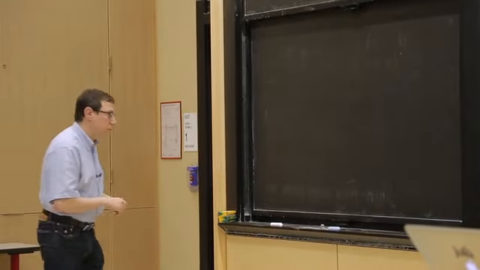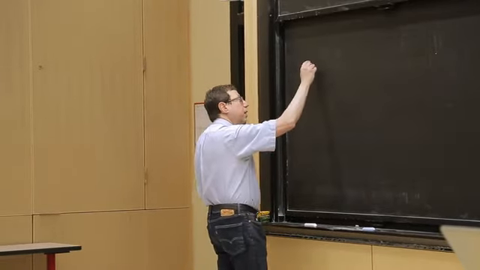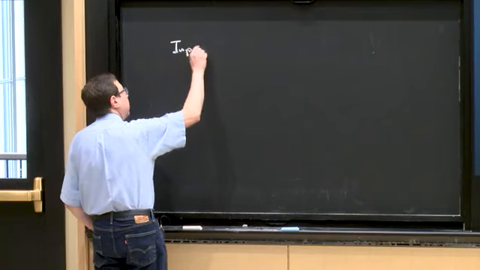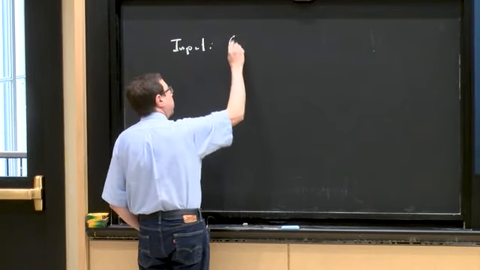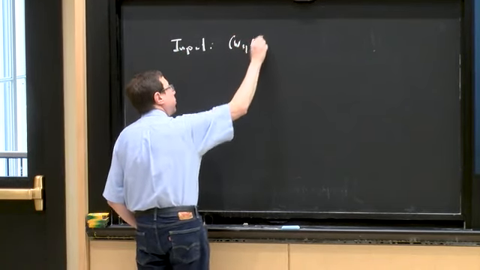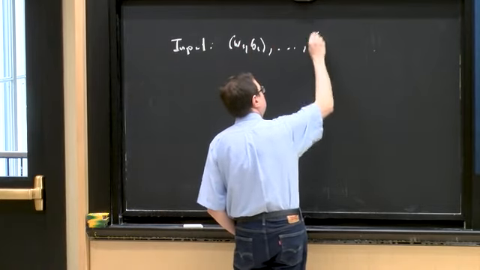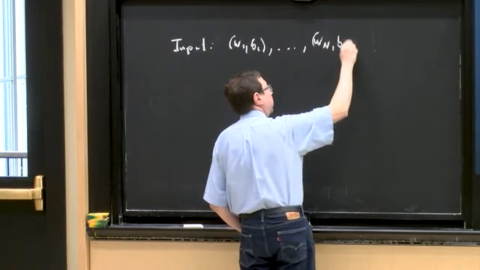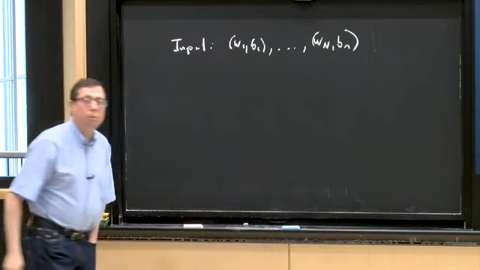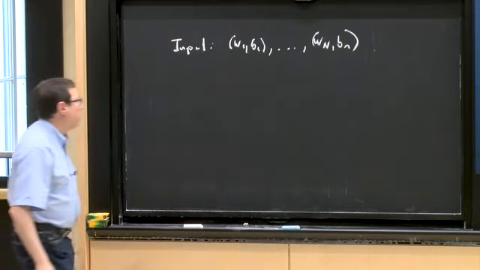So what I'm going to do is I want to imagine that we have our inputs. We'll have a bunch of scalar weights and biases. So here's W1, and I'll go up to WN, BN. All right, so we have a bunch of weights and biases here.